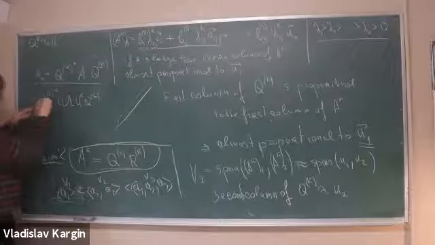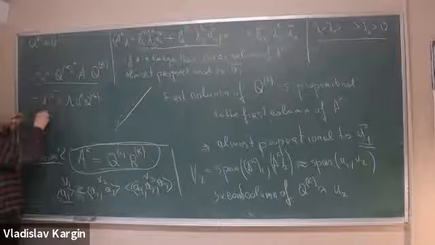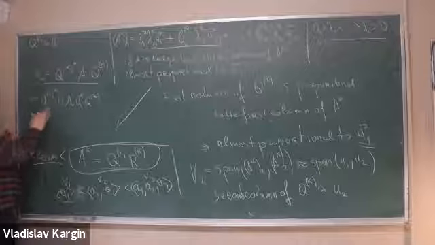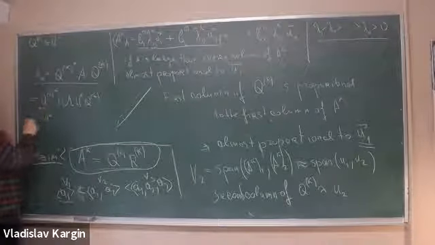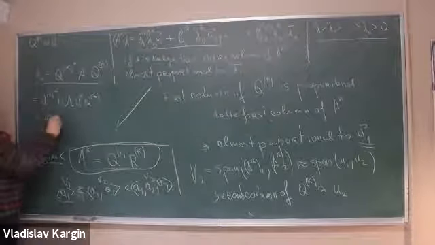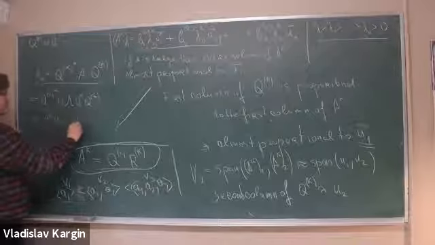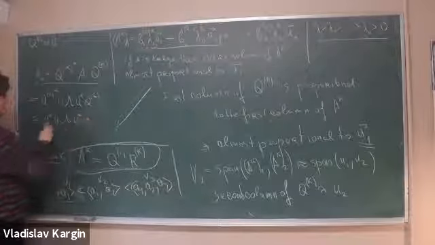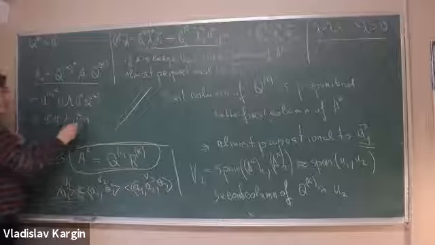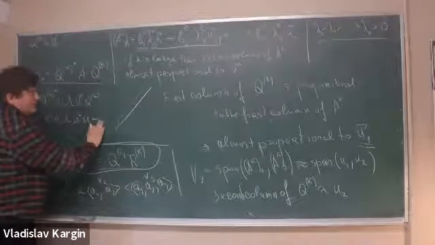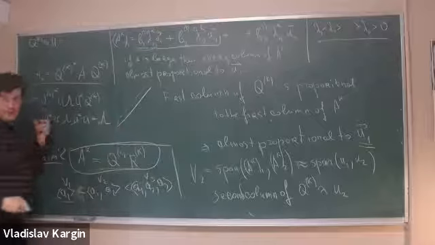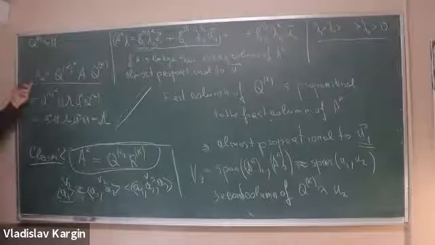Now QK star is approximately U star, so everything will be approximately U star U lambda U star U. This will cancel out and you'll get lambda. So this is what we wanted to prove.